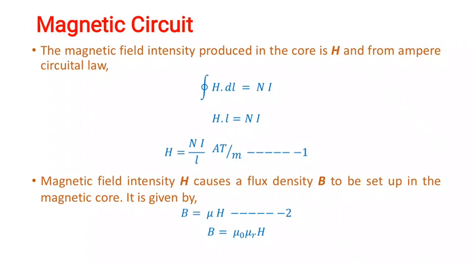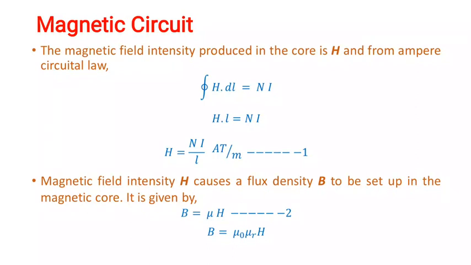Before telling about magnetic field intensity, we shall first study magnetic flux density. So what is this magnetic flux density? It is that amount of magnetic flux in an area.